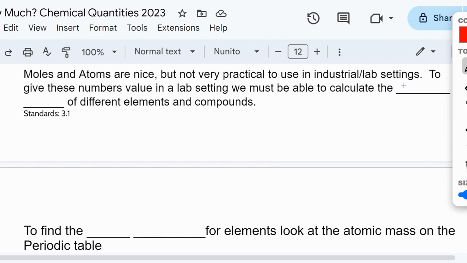So we will calculate the molar mass of different elements and compounds. Okay, to find the molar mass for elements, we look at the atomic mass on the periodic table.